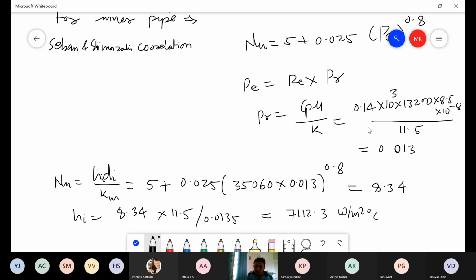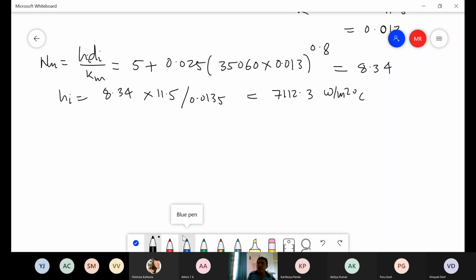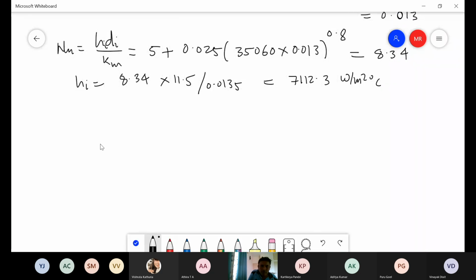Okay, so now let's move to the flow of water. Water is flowing through the annular region, and we have already found out that the Reynolds number is more than 10,000. So clearly we have to use the correlation for turbulent flow, isn't it? So for water we have to use the Dittus-Boelter equation.